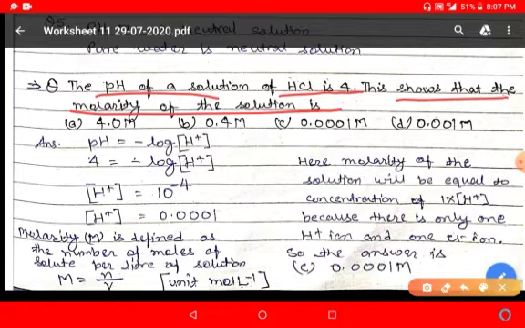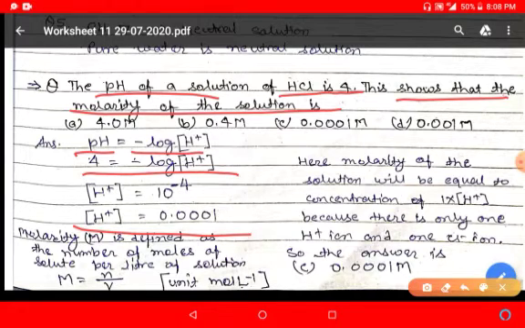Then we have discussed that pH is the negative logarithm of the hydrogen ion concentration, and after that we find out 4, minus log 10, which becomes 10 to the power minus 4, and the hydrogen ion concentration is 0.001.